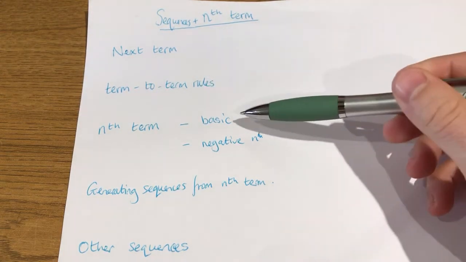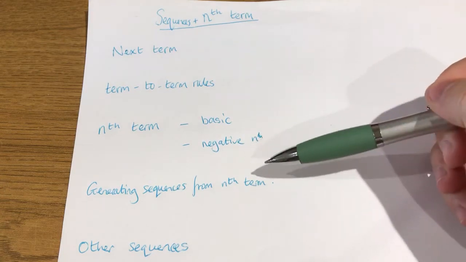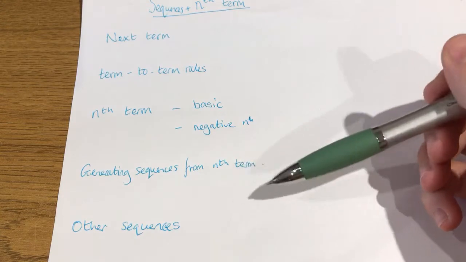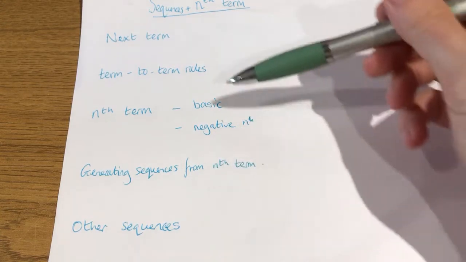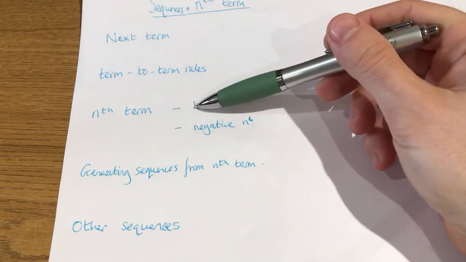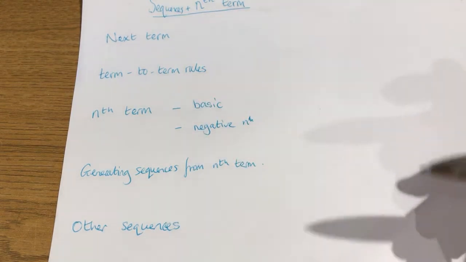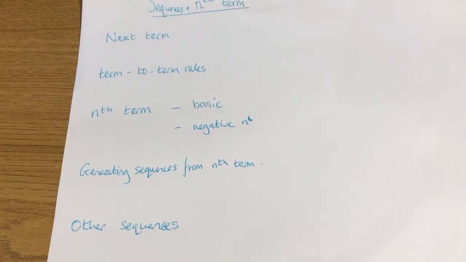Term-to-term rules. Nth term, some basic and some negative as well. Some generating sequences from the nth term, so that's when you're given the nth term and they want the sequence, whereas this one's more looking at when they give you the sequence, what's the nth term. And then some other sequences that you need to be aware of for your preparation for GCSE.